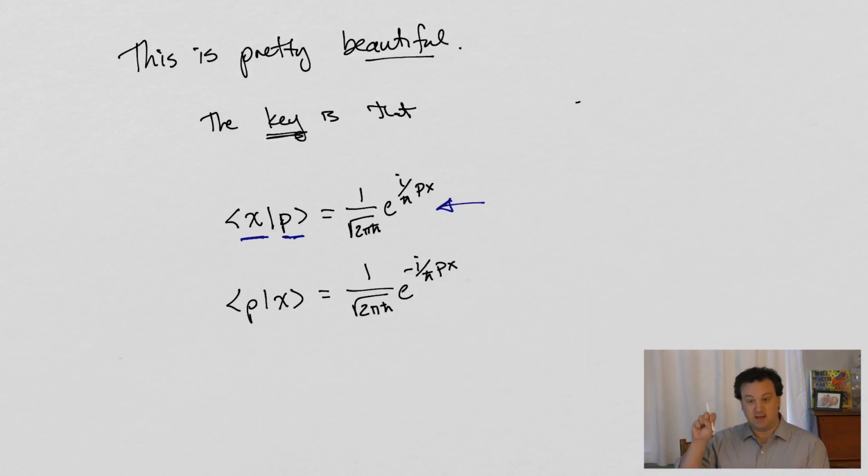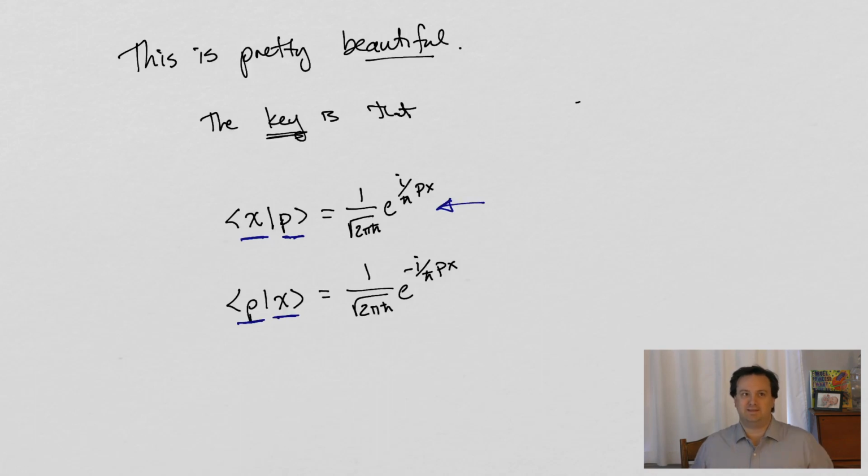So I take the eigenstate of the position operator, project it onto the eigenstates of the momentum operator, and I get out this e to the i over h bar p times x. If I flip that around, inner products, if I change their order, I get the complex conjugate. If I take an eigenstate of the position operator and I project it onto the momentum states, I also get an e to the minus i over h bar px.